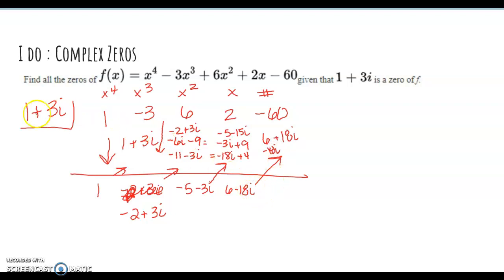Negative 18i times 3i would be negative 54i squared, which gives you positive 54. Your i's are going to cancel. 18i minus 18i cancel out. 6 plus 54 gives you 60. Add straight down. Negative 60 plus 60 is 0.